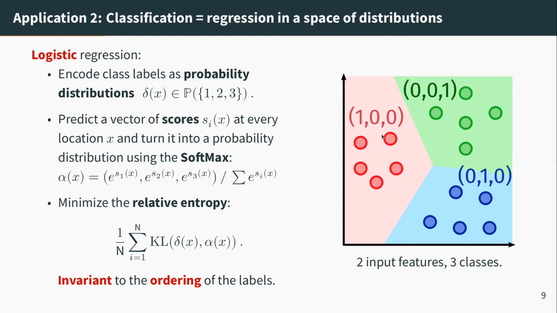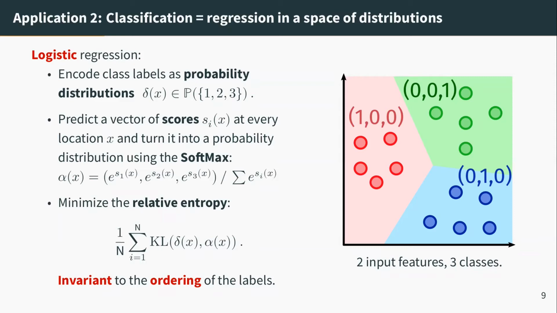Essentially, with this encoding, with this embedding, the blue class does not sit in between the red and the green class anymore. They all have the same role, like the X, Y, and Z axes in 3D space all play an equivalent role. Okay, so that's the core idea.